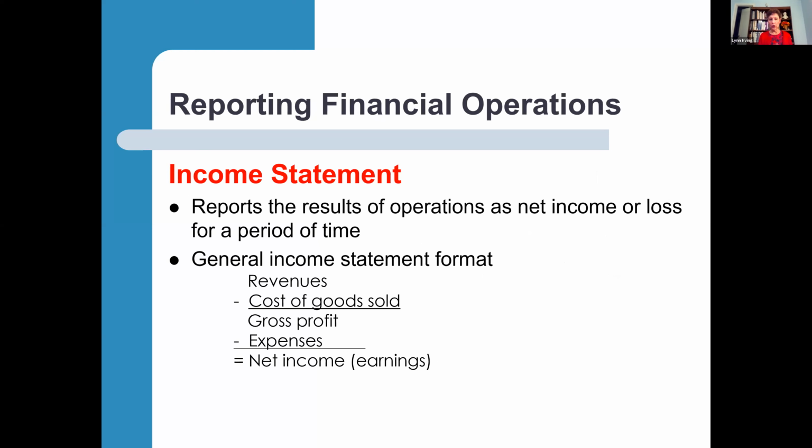Quick look, I just want to call your attention to the term gross profit. This is only going to apply for those of you that have inventory. So you will start off your income statement with your revenues, and deducted from that is this line item called cost of goods sold. So what I mean by that, let's say that you are selling your product for $15 a unit, but you bought it for $12.